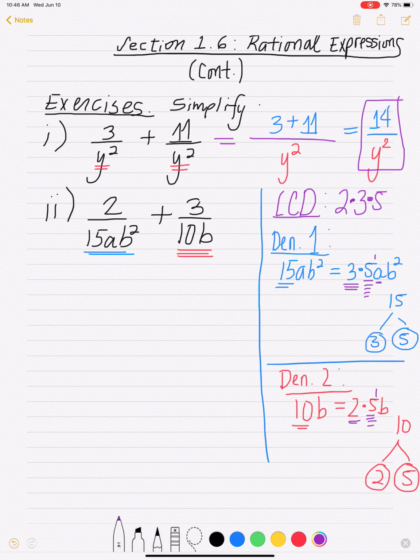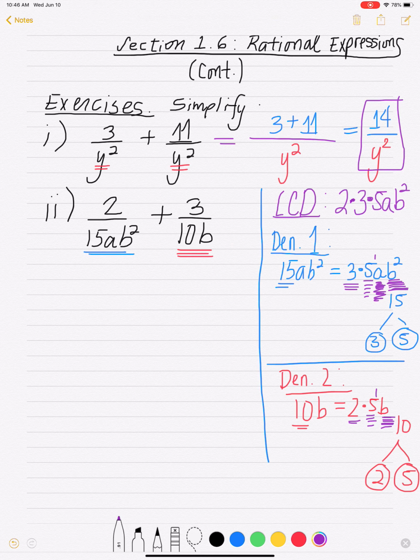Also we have an a that shows up here, so we have to include a as a prime. And notice that in both denominators we have a b showing up. The second denominator has just a b, the first denominator has b to the second power, so we take the larger of the two powers.